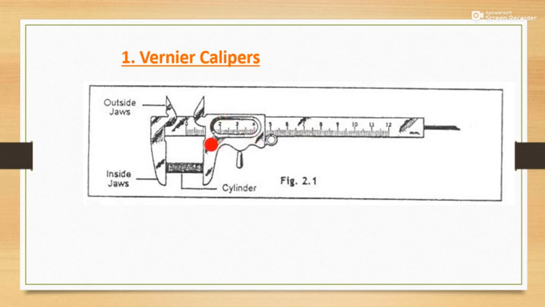Vernier means variation. When we find the length of an object, we use this vernier caliper and keep the object between the jaws. Okay, let's move on to how to find an object's length with the help of the vernier caliper.